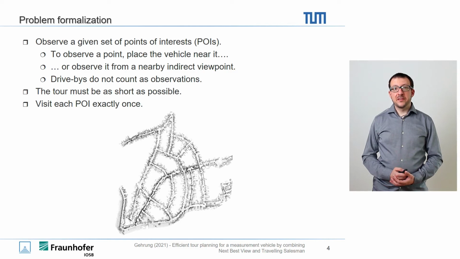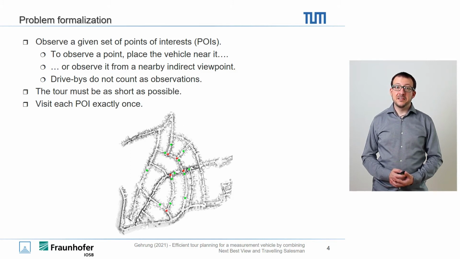However, before I present our method, I would like to discuss the constraints we have imposed to keep the problem simple to solve from an algorithmic point of view. The goal is to observe a given set of points of interest. To observe a point, the vehicle has to be placed in the direct vicinity or at a location where it is able to see said point of interest. This is also what we call indirect viewpoints.